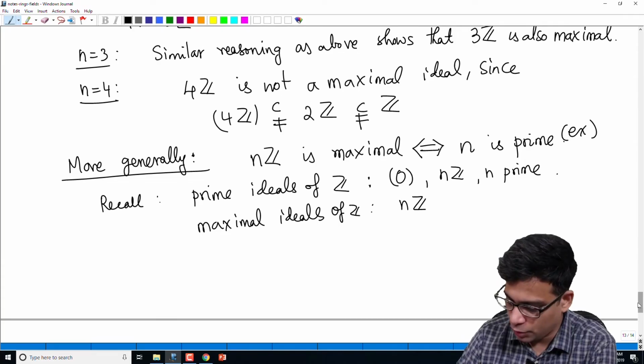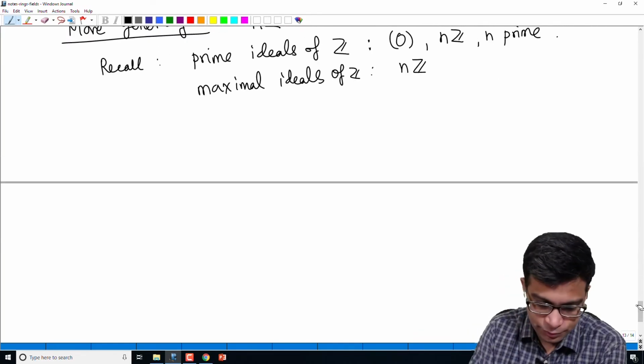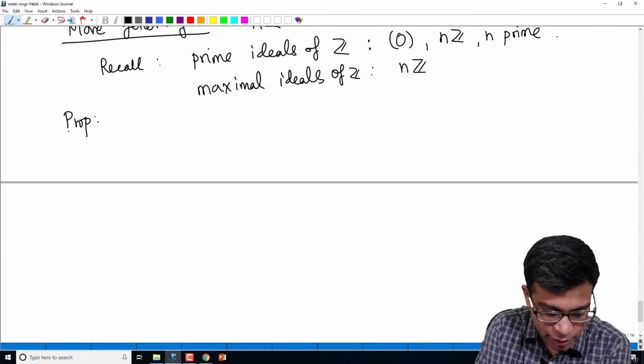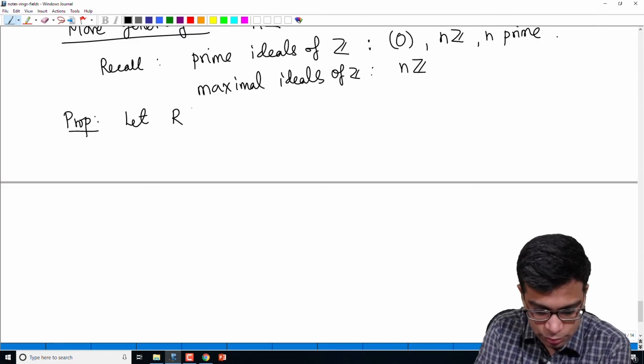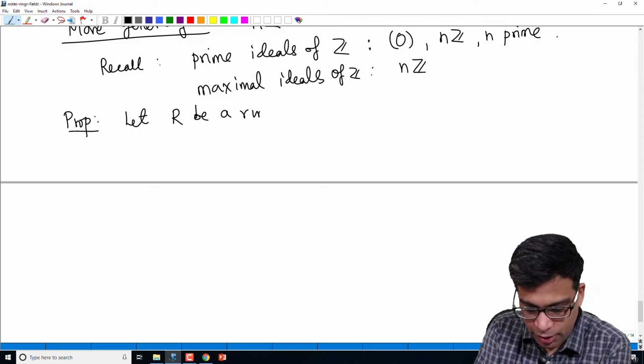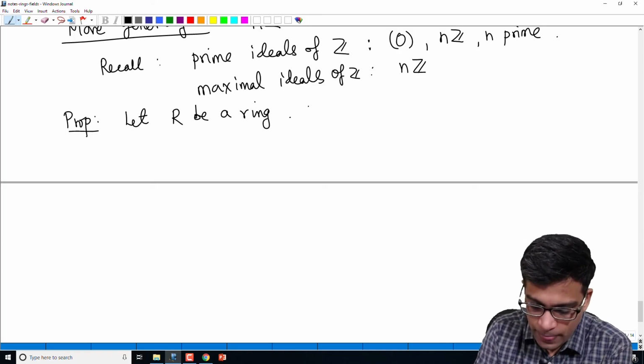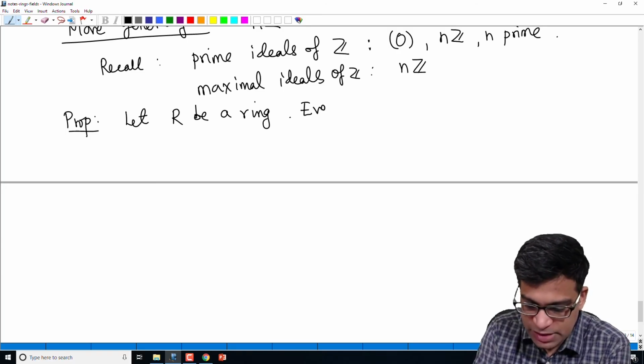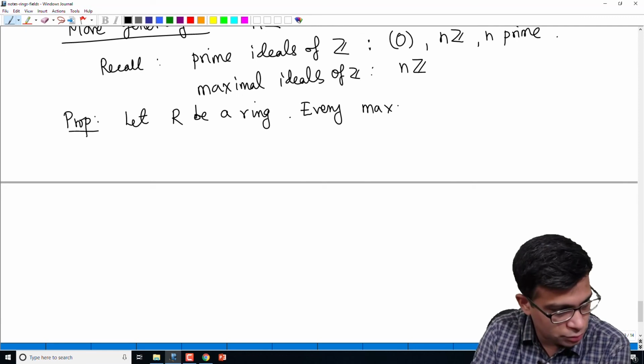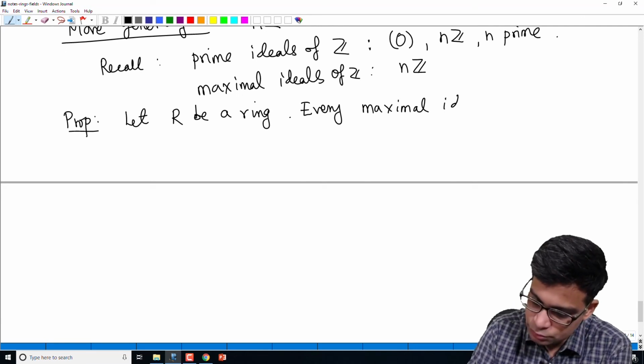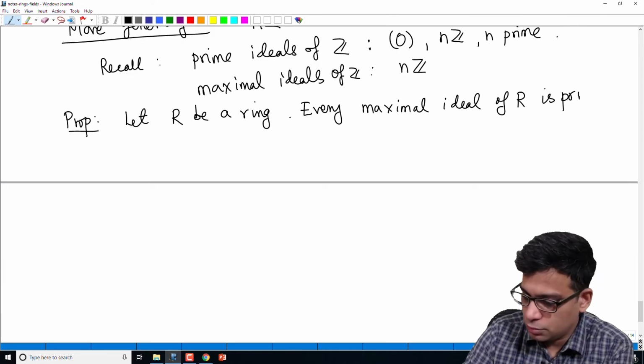In general, we have the following proposition. In any ring, let R be a ring, every maximal ideal of R is prime.